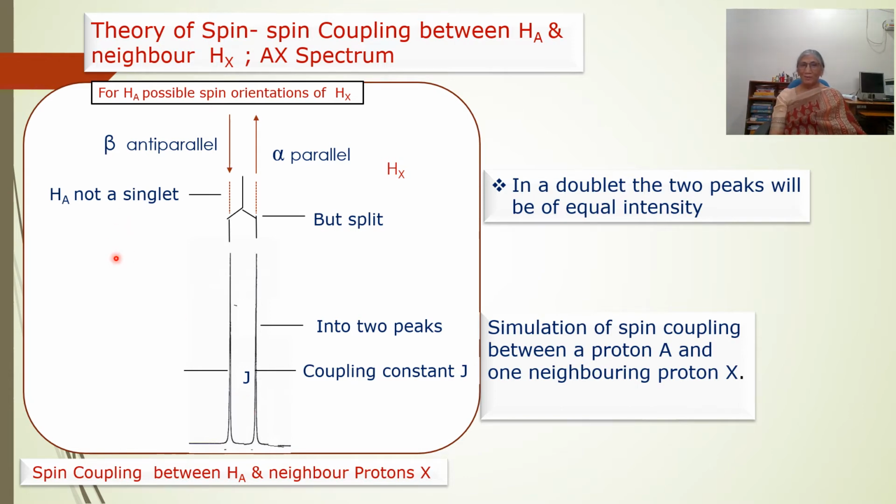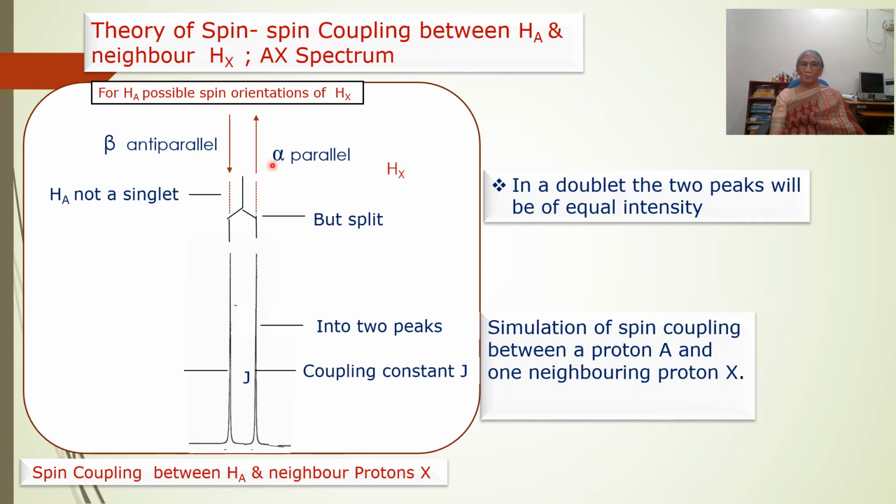In the same manner, we can show the splitting of proton X by the different spin orientations of proton A. Now proton X can see two different spin orientations of proton A. One is parallel, another is antiparallel.